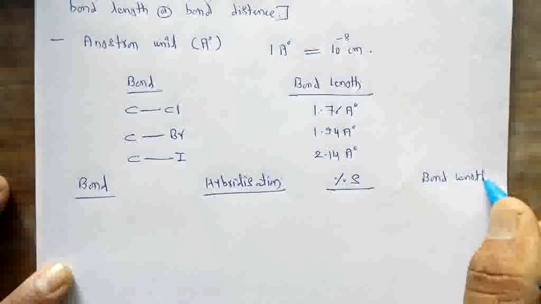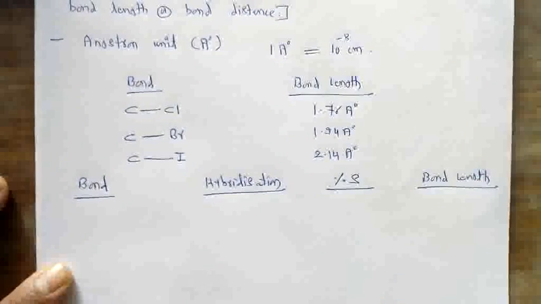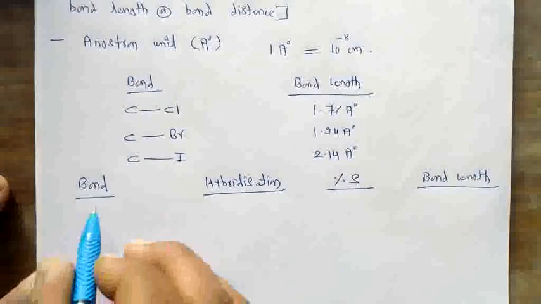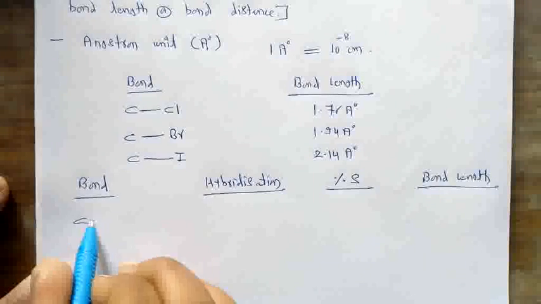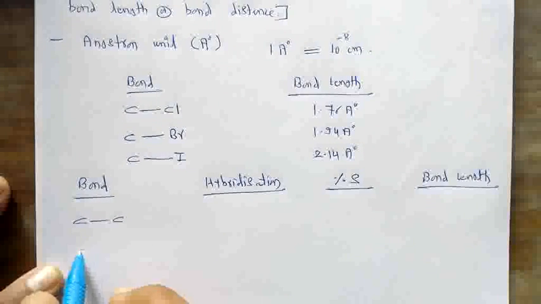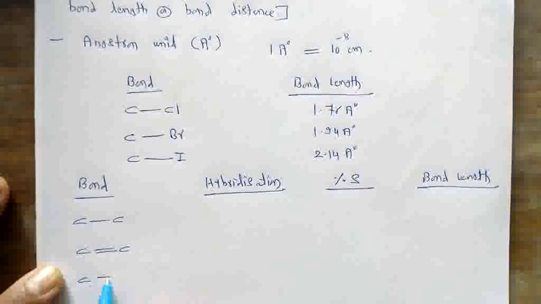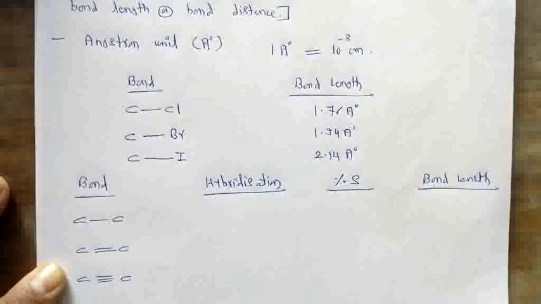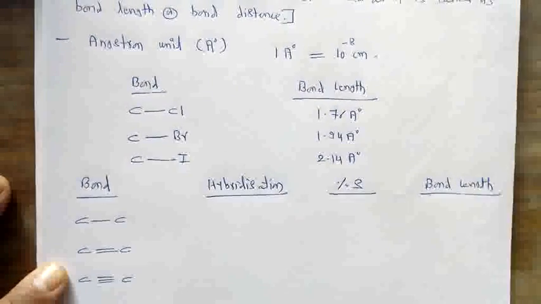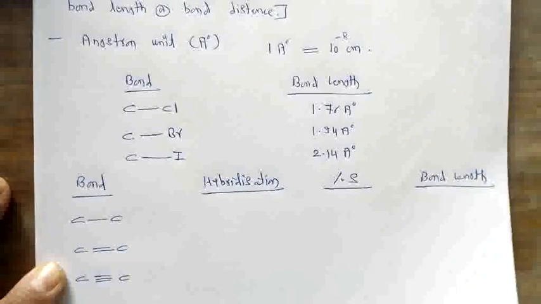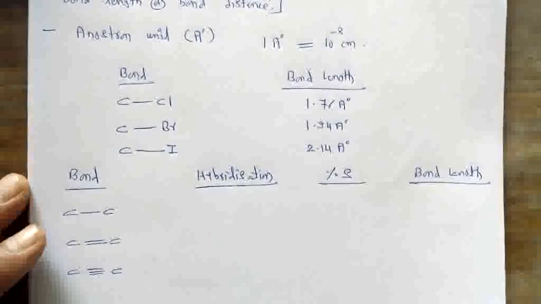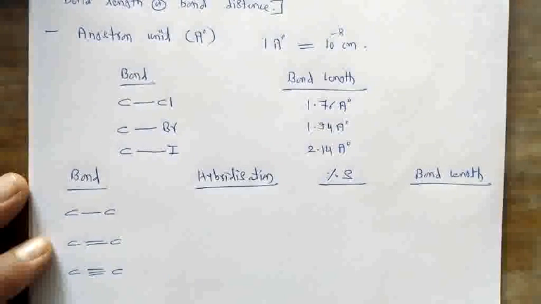So these four different parameters are correlated with each other. First of all, we consider carbon single bond carbon, secondly carbon double bond carbon, and third carbon triple bond carbon. So we have to take the three different types of bonds present in alkanes, alkenes and alkynes.